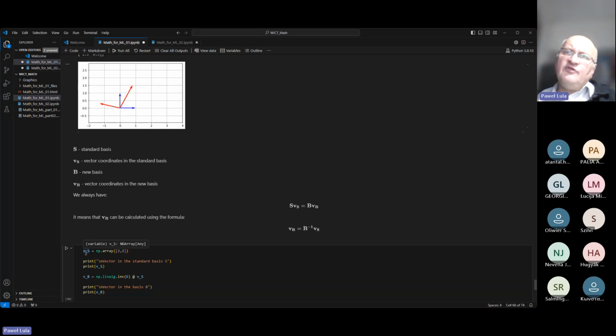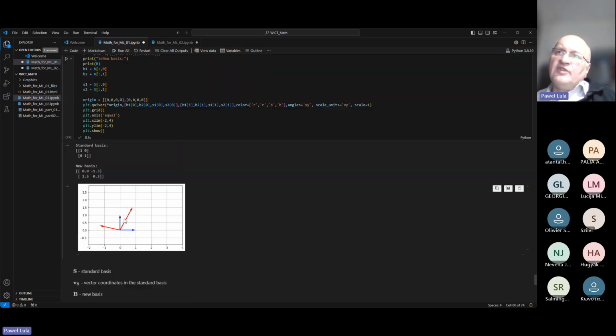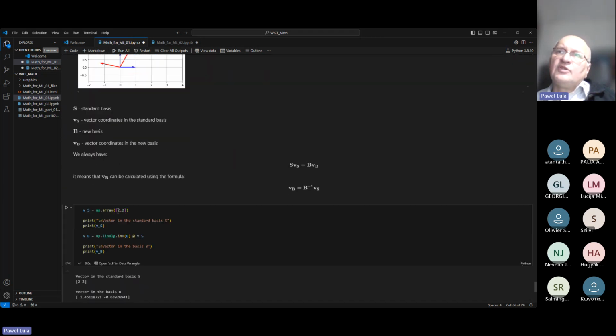To tell the truth, it is Vs. It means that these coordinates are defined in the context of a basis S, the standard basis. So as it is a standard basis, it is here. So we have the definition here, 1, 0, 0, 1. So it is a standard basis. This is the blue one. And in this basis, we have a vector with coordinates 2, 2.